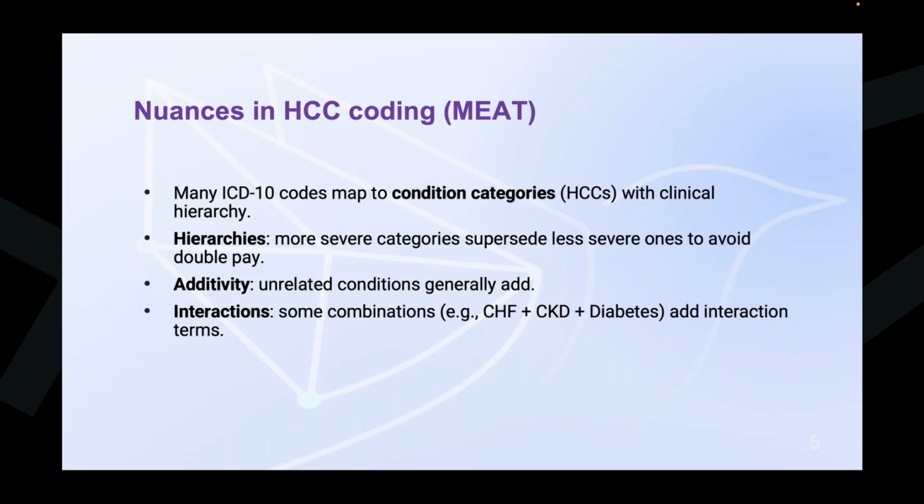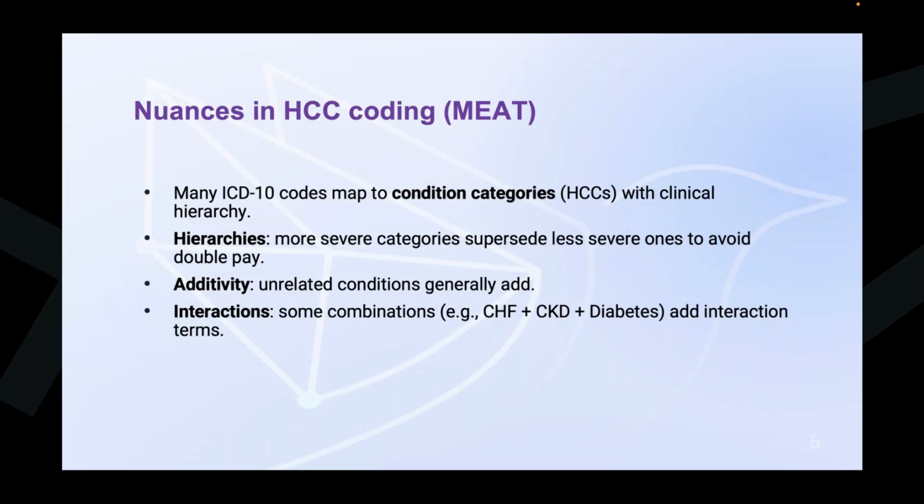As you already know, ICD codes are structured in a hierarchical way. More severe codes are upstream, and then they have more specific codes downstream. The payment also changes according to ICD-10 codes as well as HCC categories. So ICD-10 codes can map to HCC categories, and each of those categories has a certain payment.